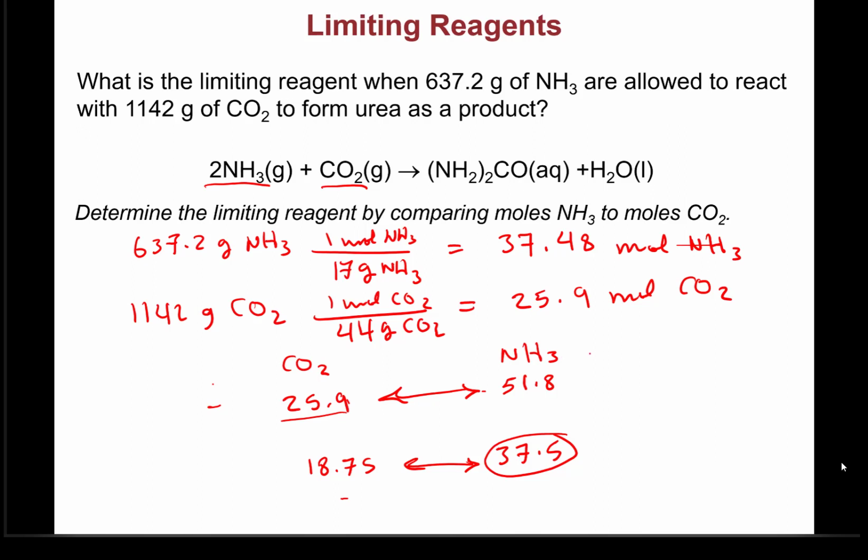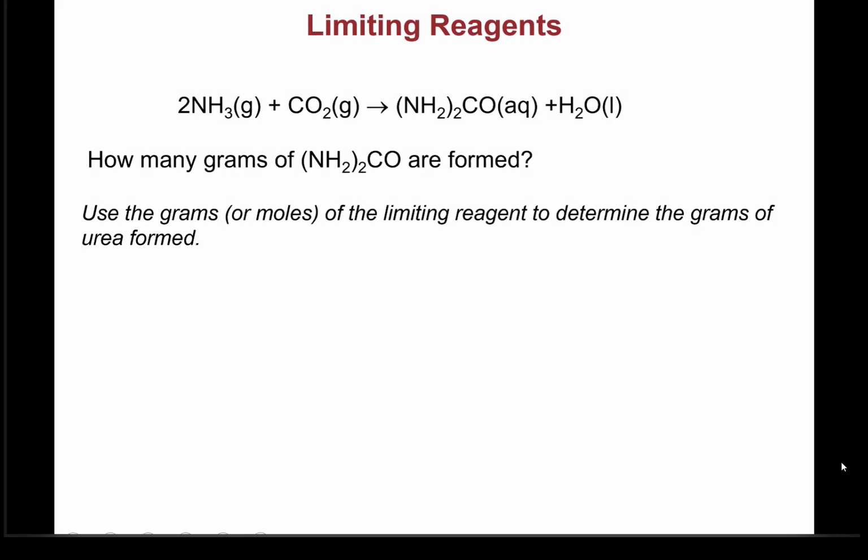So ammonia here is a limiting reagent that will get consumed first. And once it gets consumed, the reaction is going to stop, which means it's going to determine how much product can be formed in this case, which is going to be our next step, calculating how many grams of the product formed using the number of moles of ammonia.